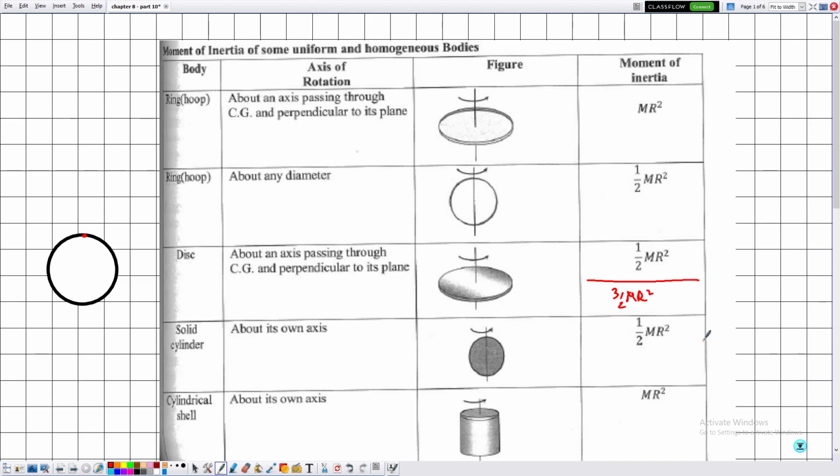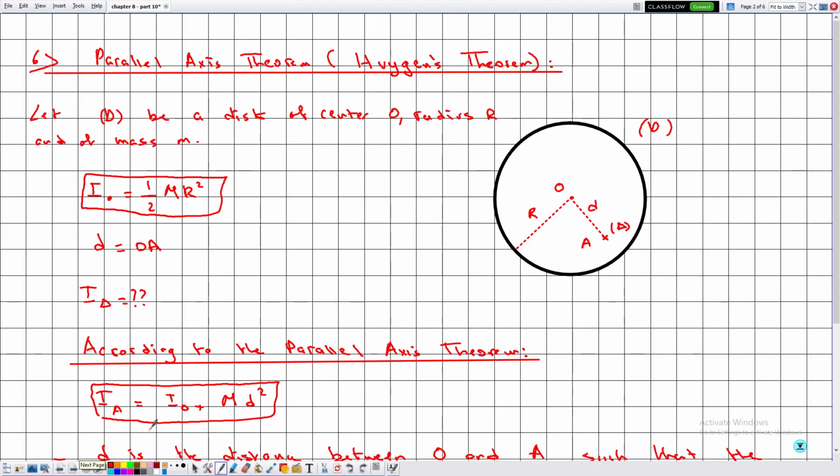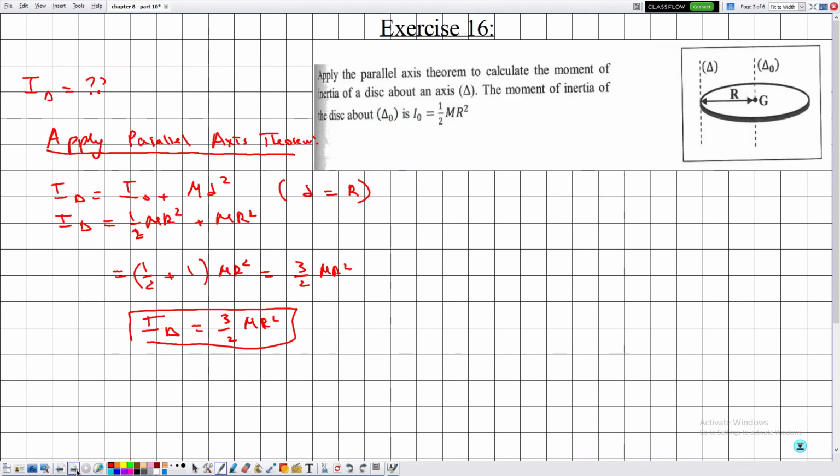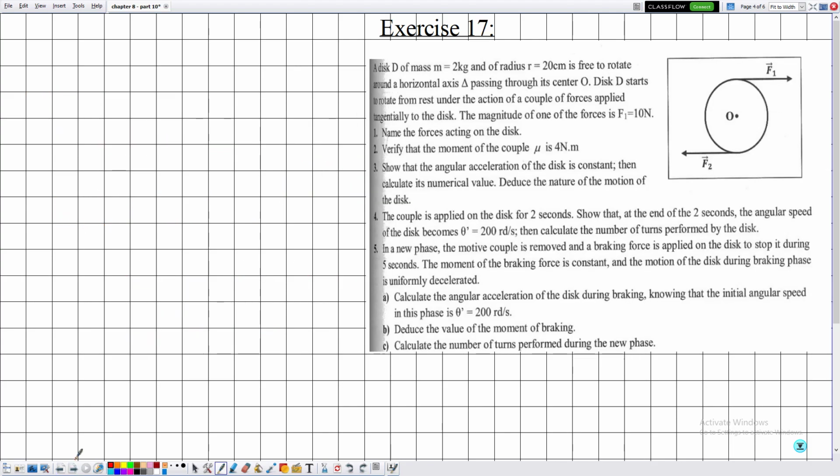Okay. So this is it for the parallel axis theorem or Huygens theorem. So one should always be careful about the location of the axis of rotation with respect to the center of mass.